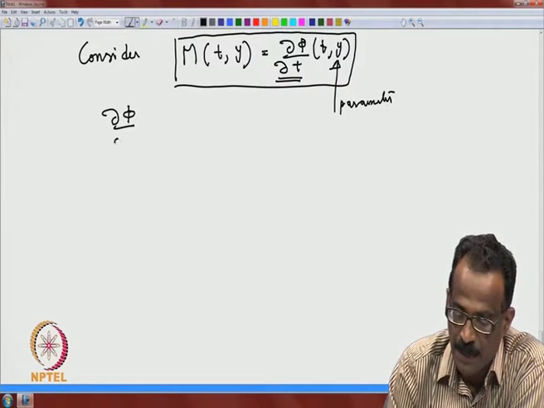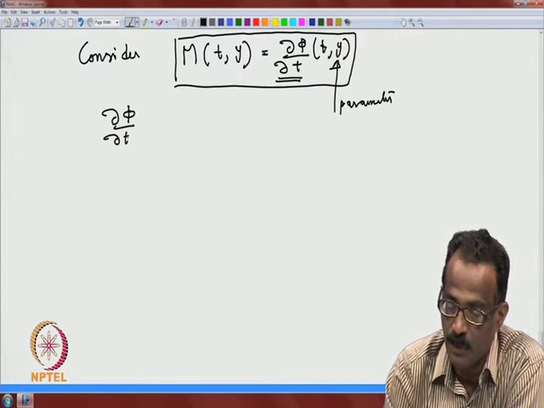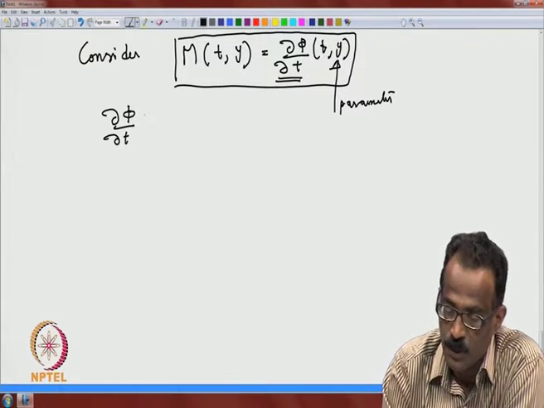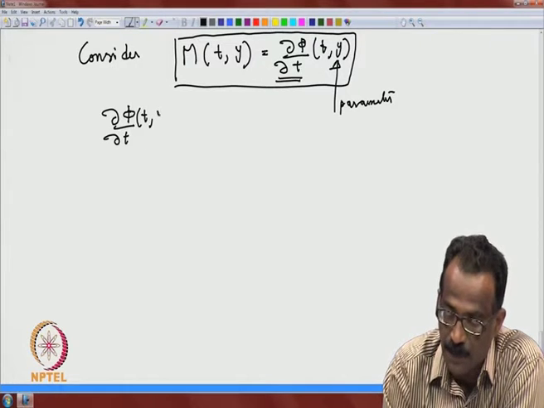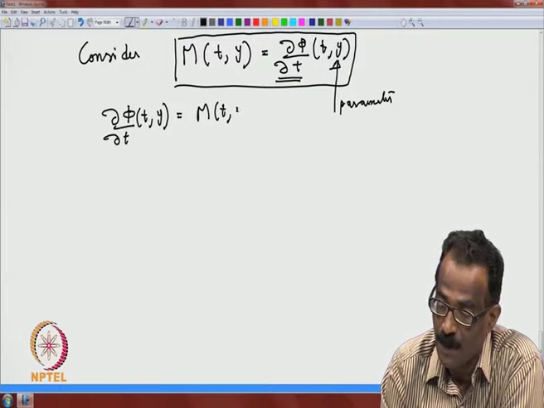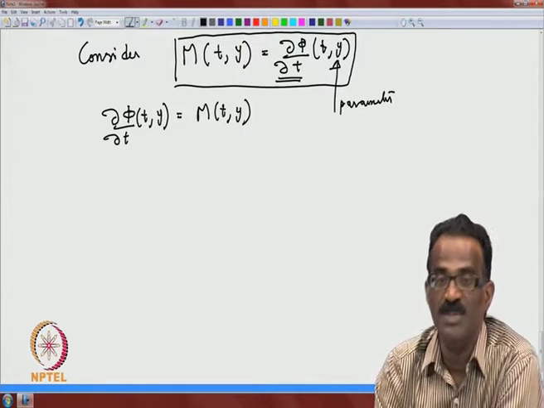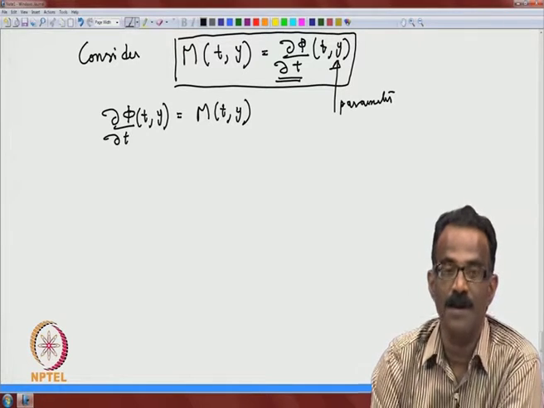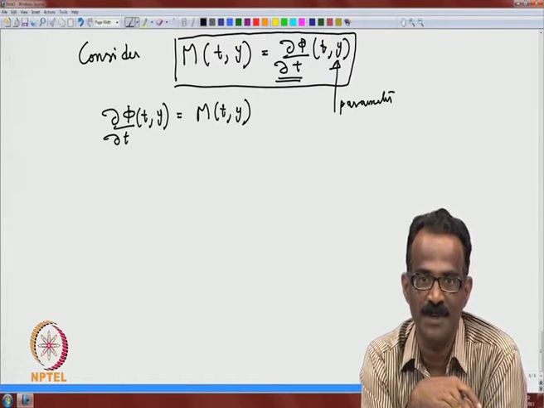We use this partial d by dt to represent that there is another variable. So, this is a first order equation in the t variable, treating m as given to you. So, you have to just integrate. This is an integral calculus problem, what we have studied in the last class.